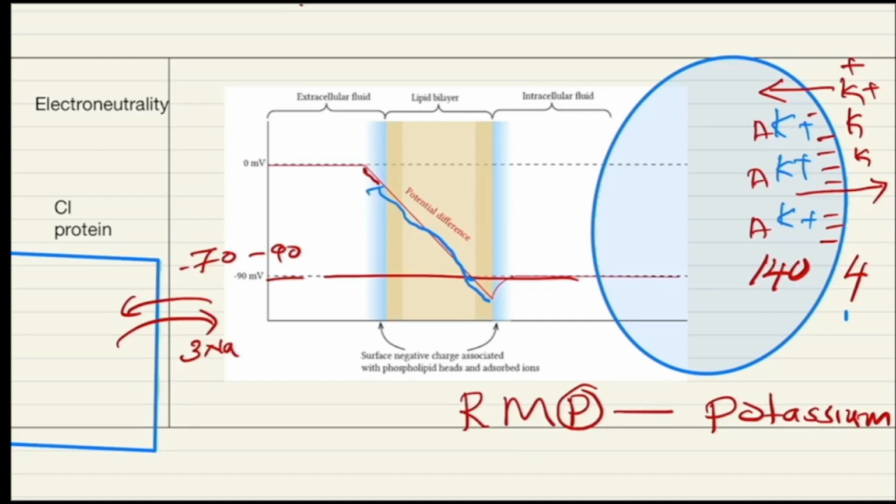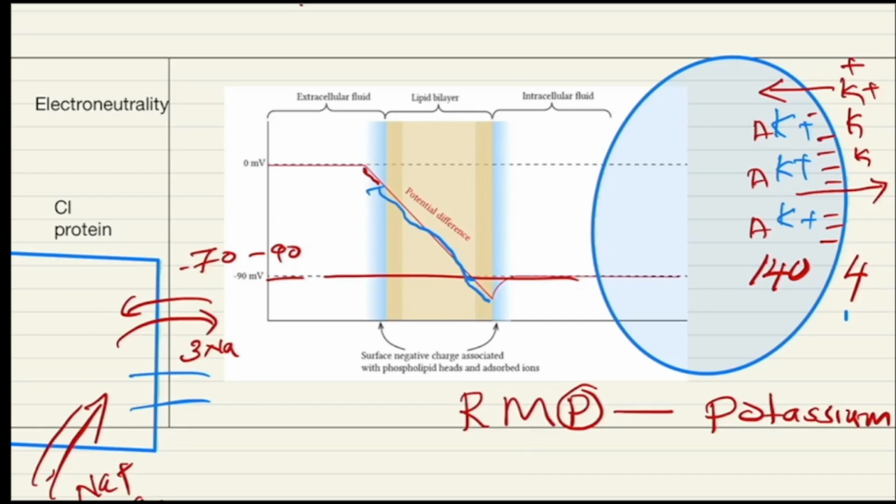At that time, what happens? There are leaky sodium channels. The concentration of sodium outside is more, so the sodium will try to get inside. But remember that compared to the leaky potassium channels, the permeability of sodium is less; the potassium channels are approximately 30 to 75 times more permeable than the sodium channel.